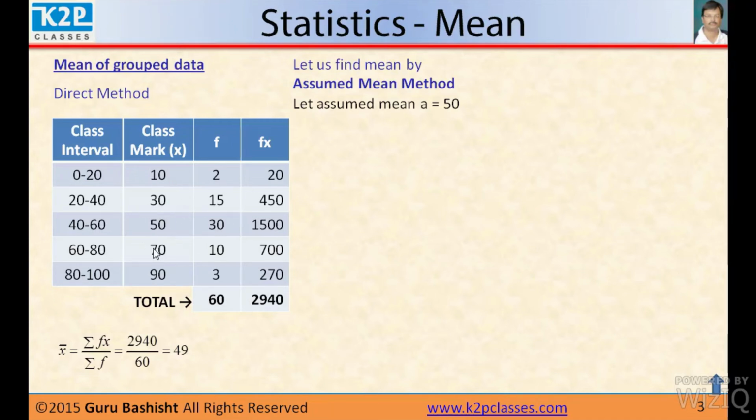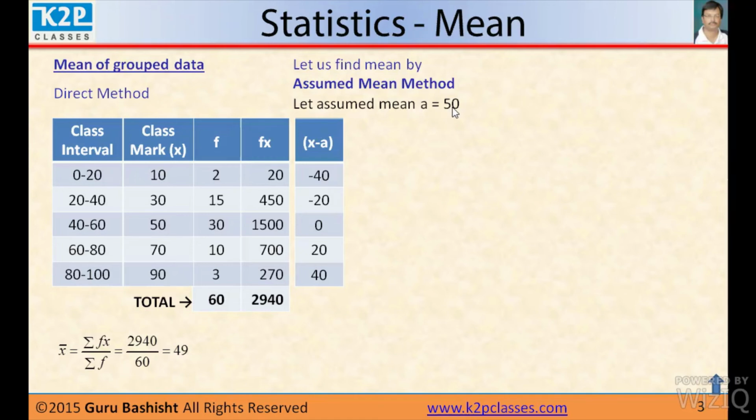But if you take somewhere in the middle, the absolute value of the differences will be a smaller number, and it will be easier to calculate without a calculator. So I am assuming 50 just because it is the middle. You can also assume 30, 70, or any number between 10 and 90. You can assume 55, 52, but the result will be the same.